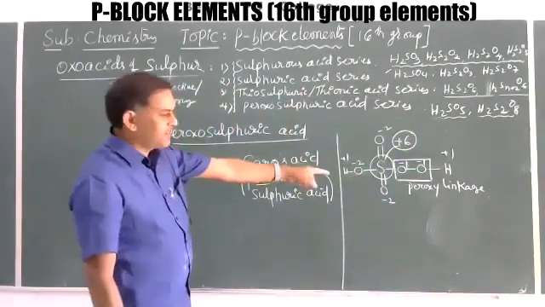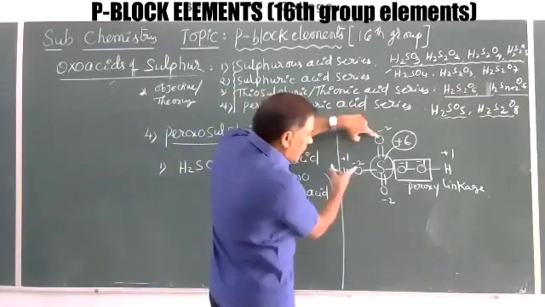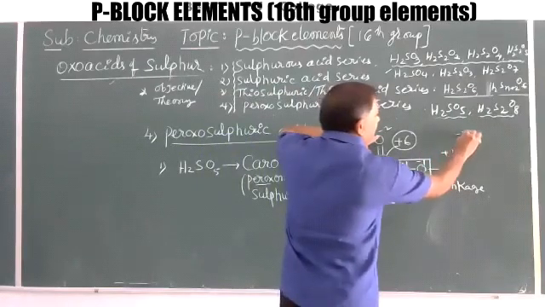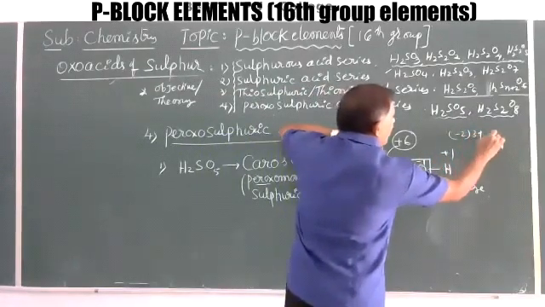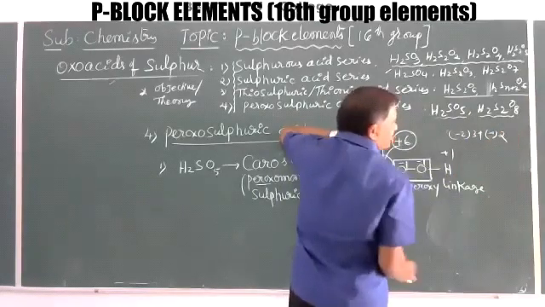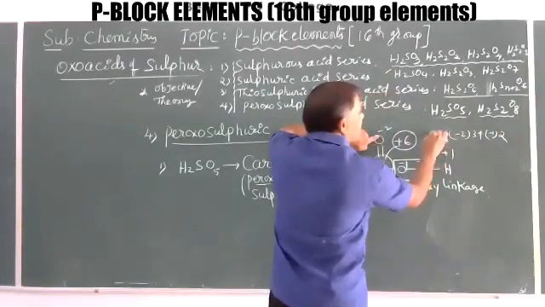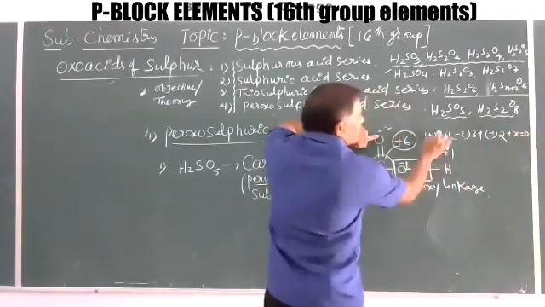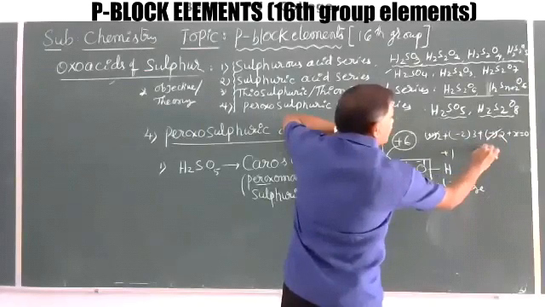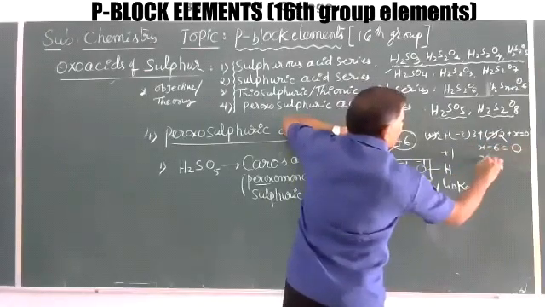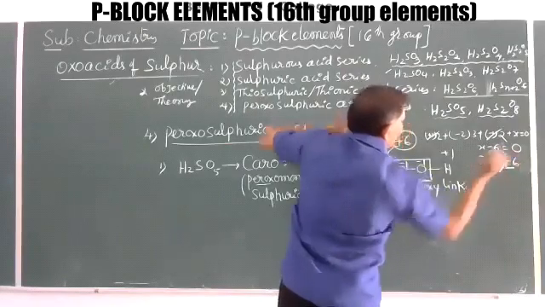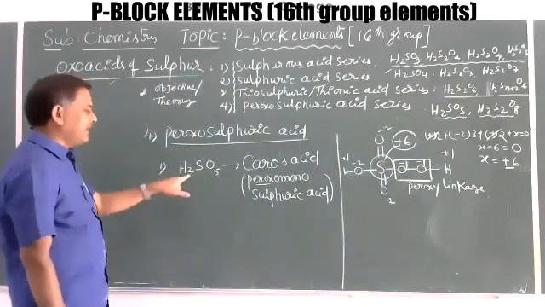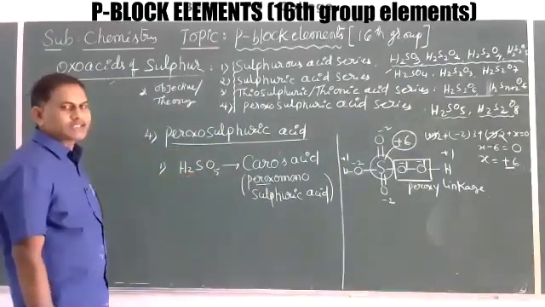While calculating oxidation state, don't take -2 for all the oxygen atoms. 3 oxygen atoms at -2, plus -1 for 2 oxygen atoms, and hydrogen atoms +1 into 2, and only one sulfur is there, equals 0. +2 and -2 get cancelled, x minus x equals 0, x equals +6 oxidation state. That is in Caro's acid, that is peroxomonosulfuric acid.